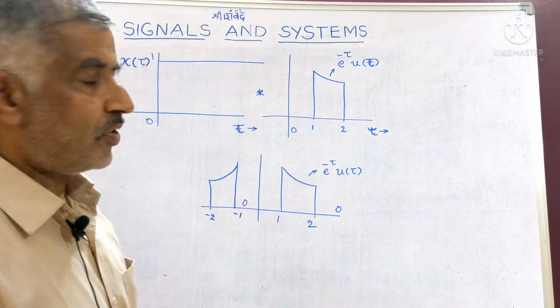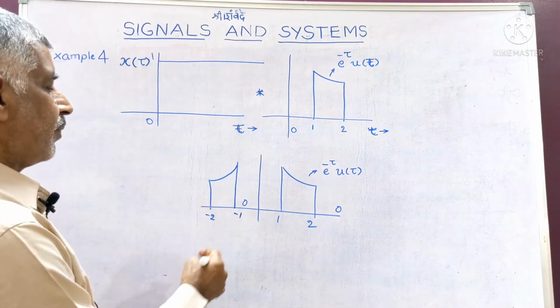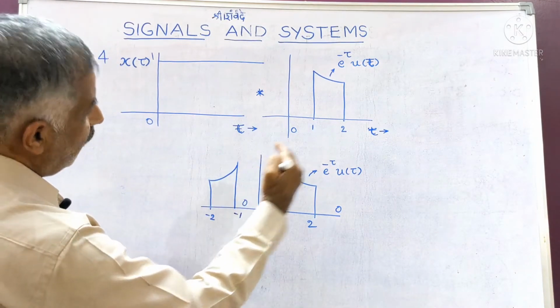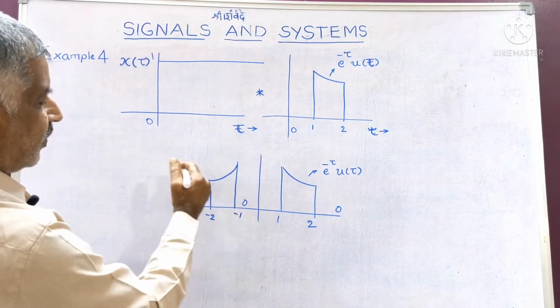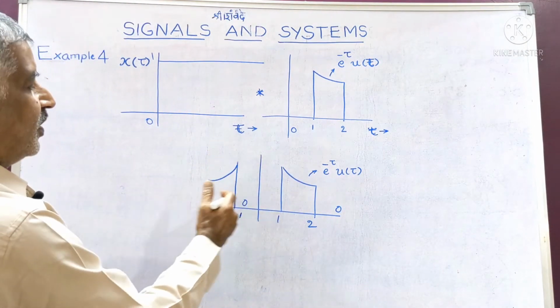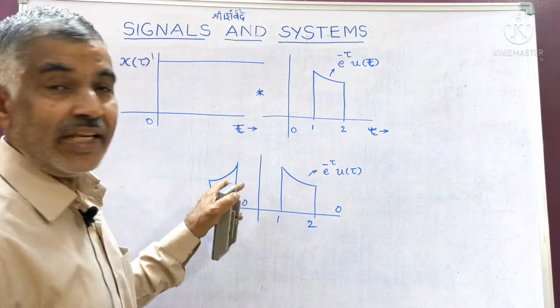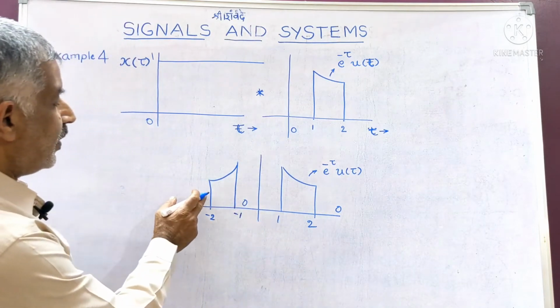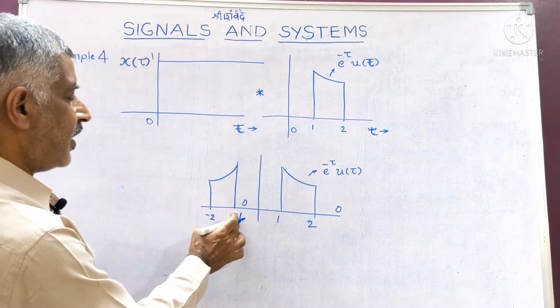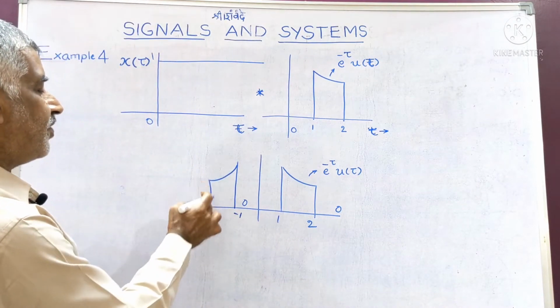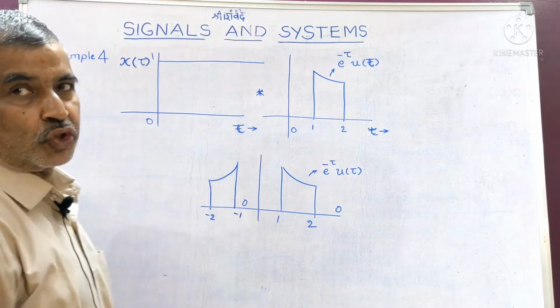This is the mirror image. This is one edge, this is another edge. This will be the leading edge and this will be the trailing edge. Now this is positioned at minus 1, whereas this edge is positioned at minus 2.